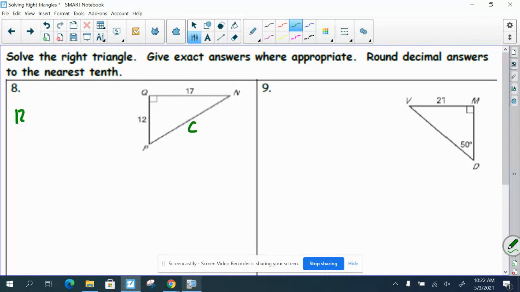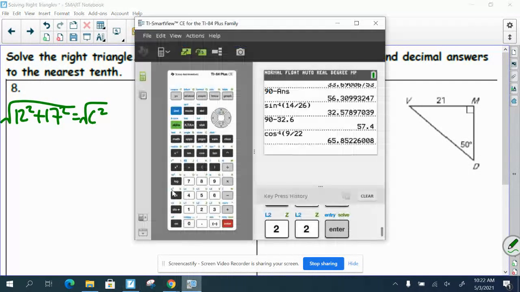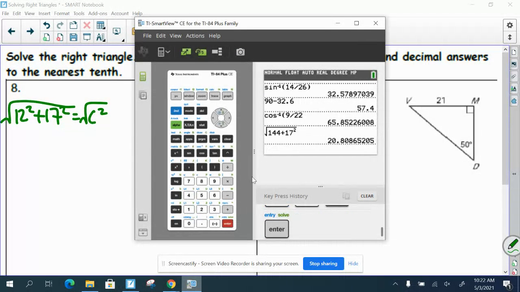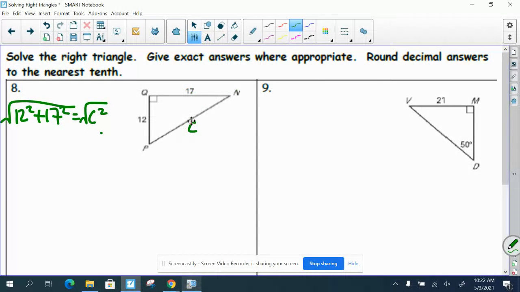So I'm going to do 12 squared plus 17 squared equals c squared. And then really I'm just taking the square root of all of that. So I'm going to take the square root of 144 plus 17 squared, which is 20.8. So this side gives us 20.8.